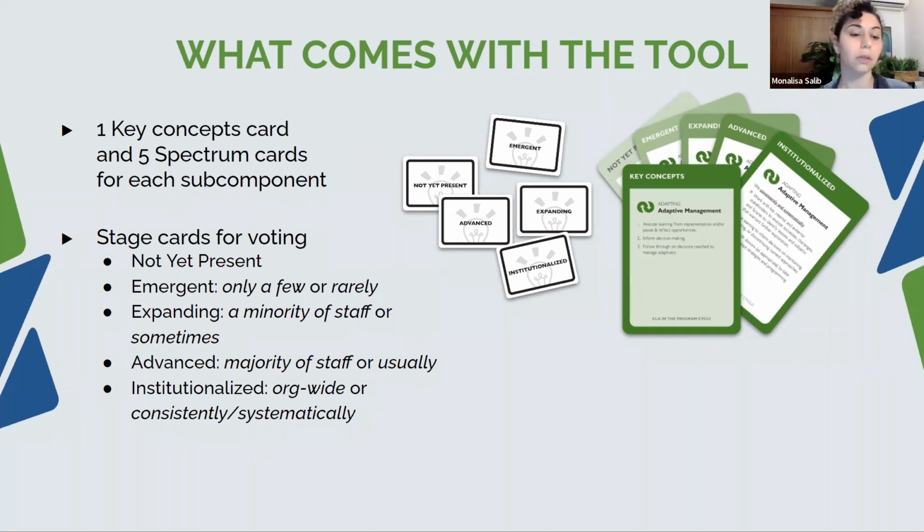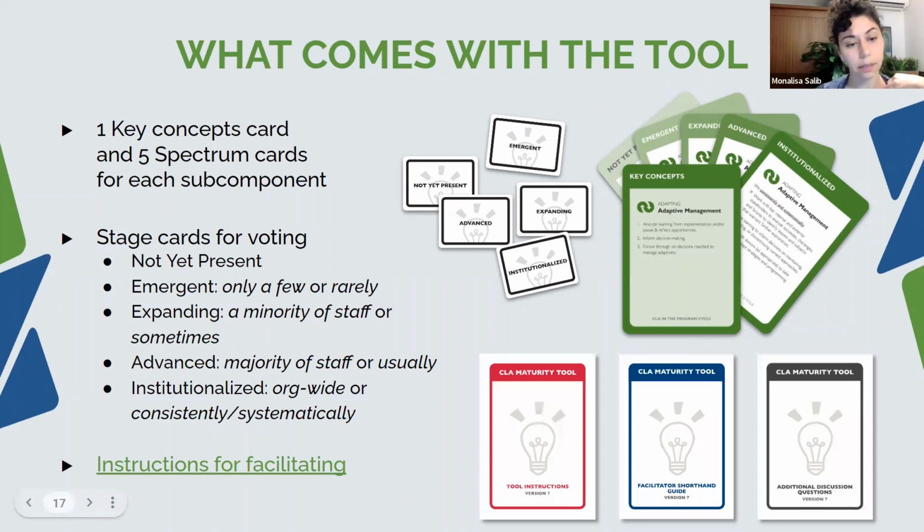Expanding, we talk about either a minority of staff are doing this, or sometimes we do this. Advanced, we often talk about a majority of staff are doing this, or we as an organization or team usually do this. And then institutionalized is very consistent, systematic, and really across the board in the organization or team.